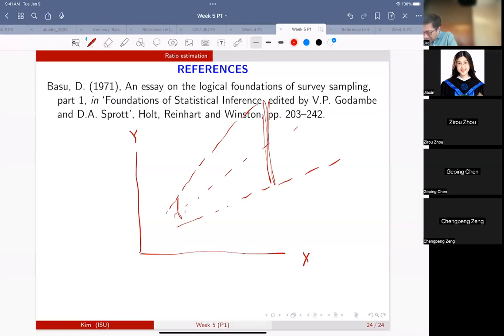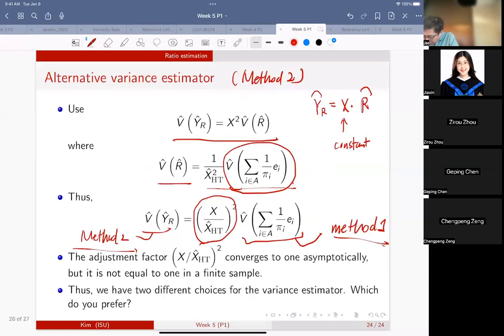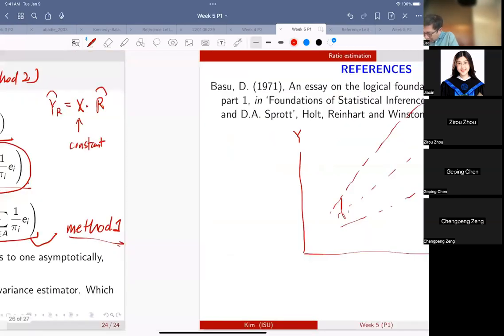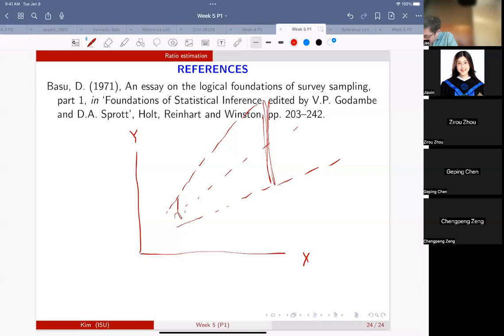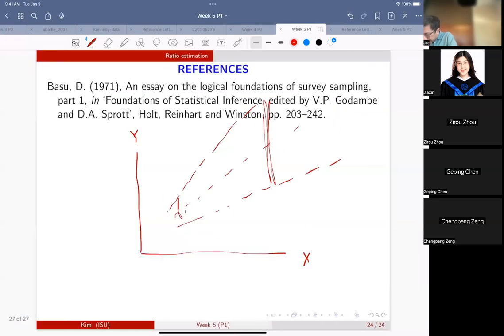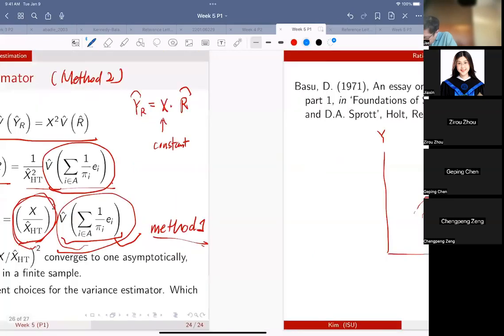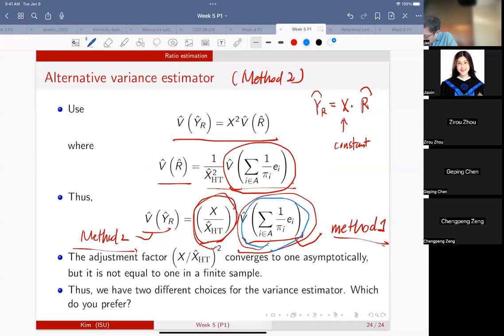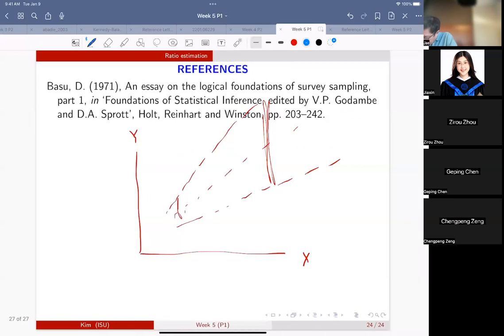So in terms of that, this adjustment actually, this guy is actually computing something like this.